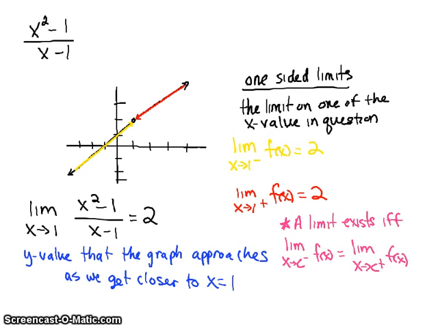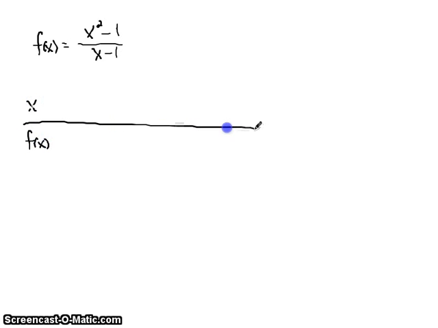We can also think about limits using tables. So a table of values for that same function that we just had. So f of x is x squared minus 1 over x minus 1. We could get an xy table. So we'll say here's our x values, here are f of x values.